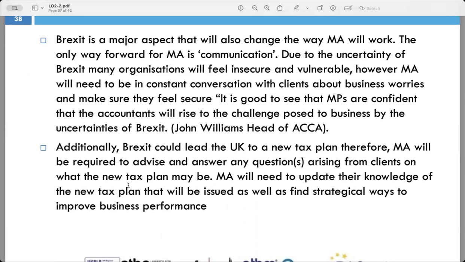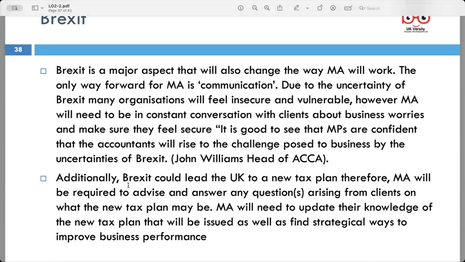Brexit. A significant factor that will also bring about changes to the functioning of MA is Brexit. Therefore, communication is the only way for MA to go forward as a result of the unpredictability of Brexit.